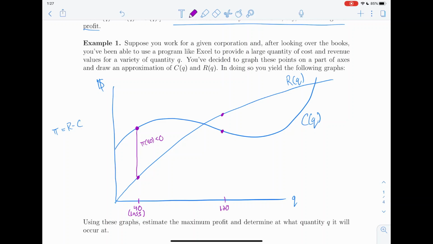So in this case, we're actually making more money than it costs to produce 120 units. So here, we're actually making some good profit. So right here, we're actually profiting. So here, pi of 120 is positive. So in this case, our company is gaining.